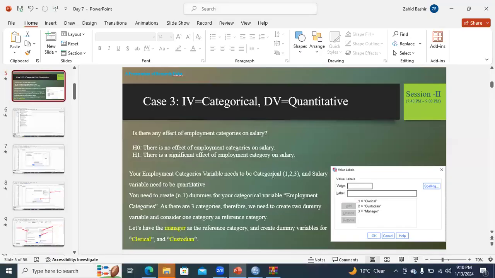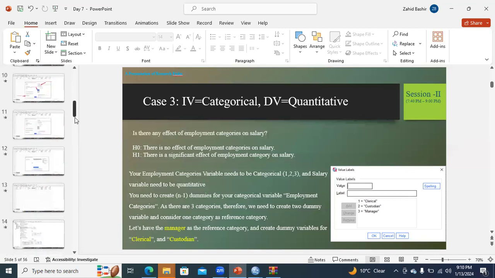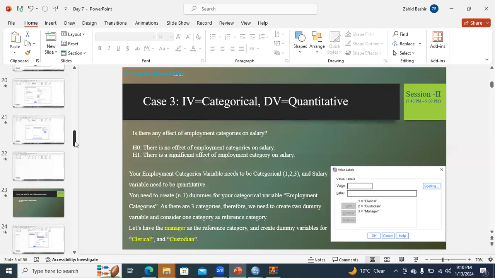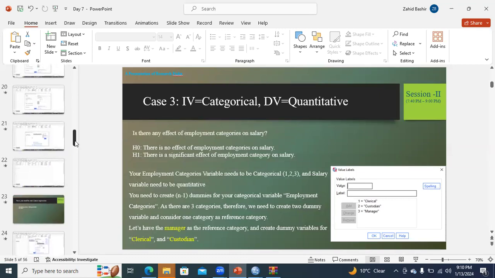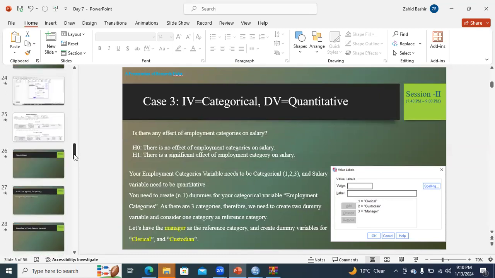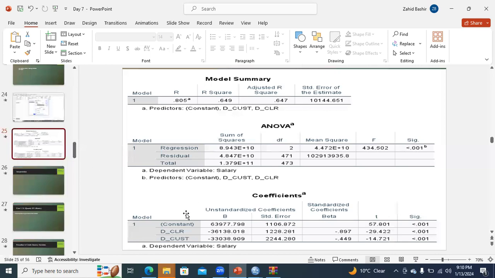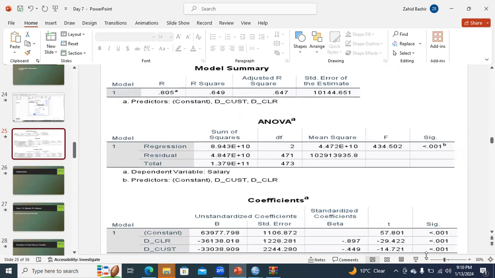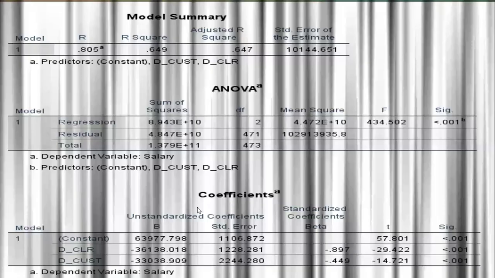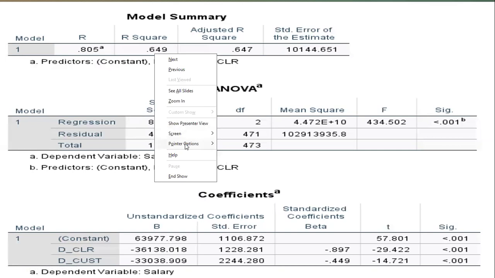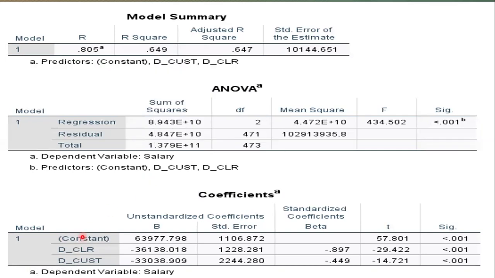So how can we identify which one is the reference category, the manager variable? It is very easy. You need to find out here. If you can see here, there is a constant term.